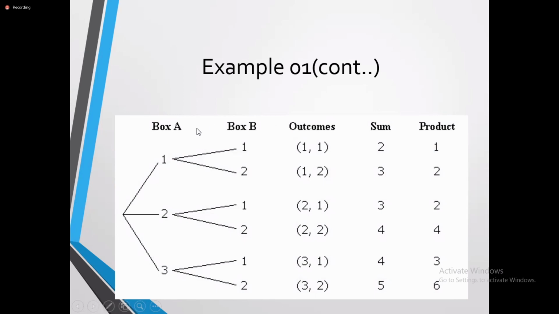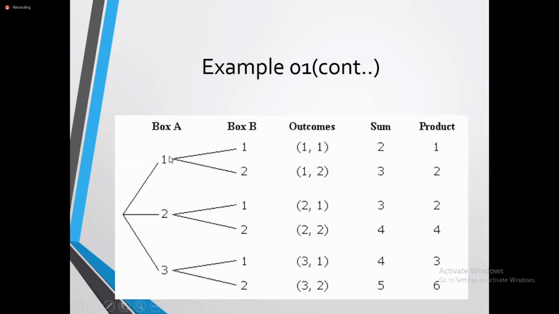Actually, when we draw a tree diagram, it's required to indicate the associated probabilities of each event. Understand? Here in this tree diagram, I have not shown them, but you have to write the associated probabilities on each and every branch.